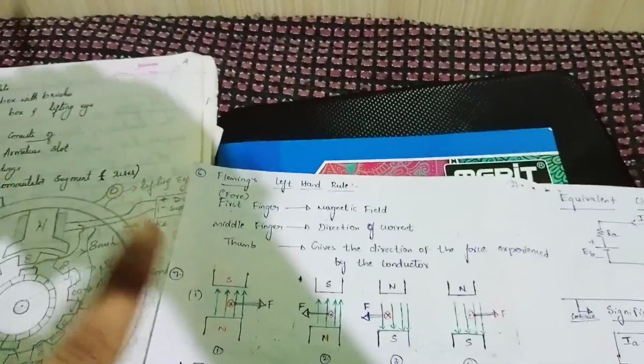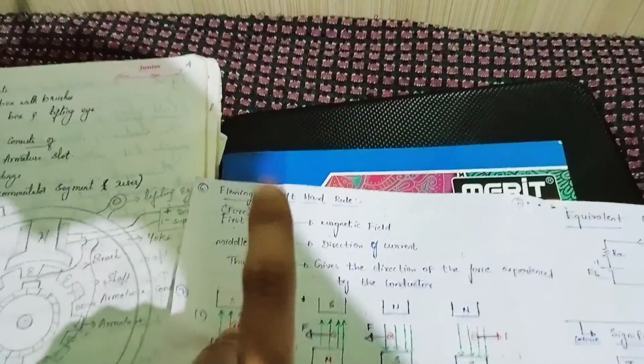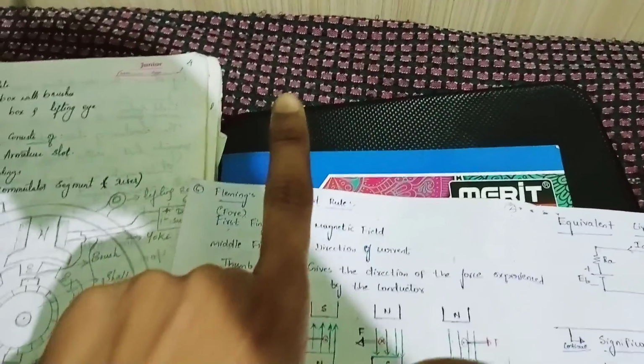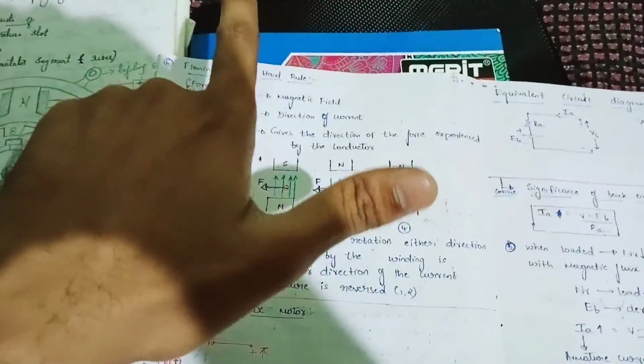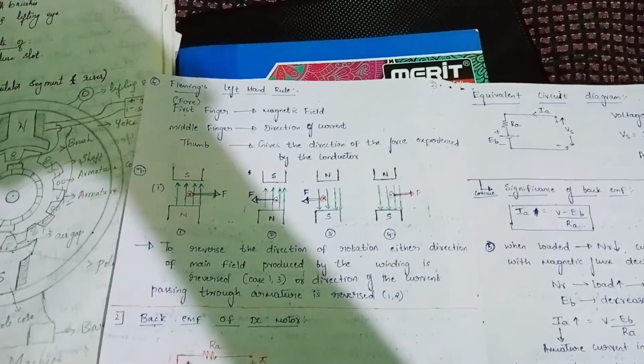Like I show again, the middle finger shows the current, the forefinger shows the magnetic field, and the thumb shows the force. This is how you get the force.